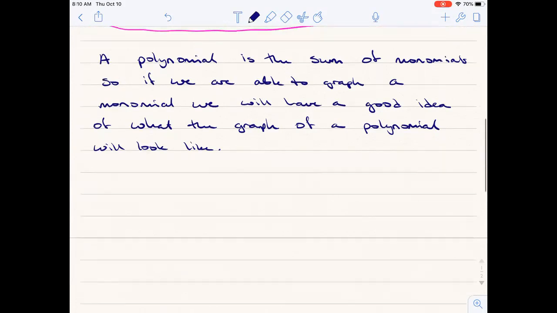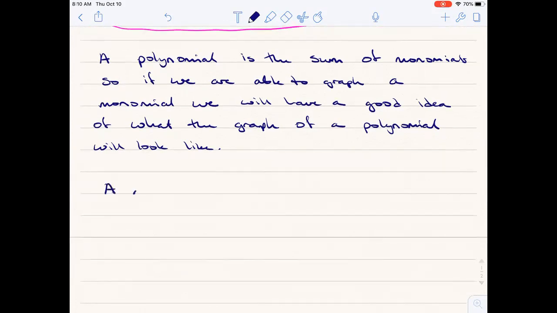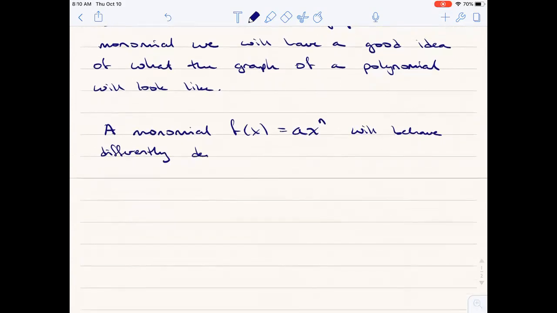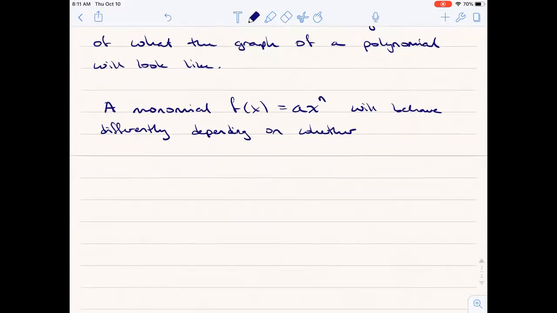Okay, and so a monomial f of x is a times x to the power of n will behave differently depending on whether n is even or odd.